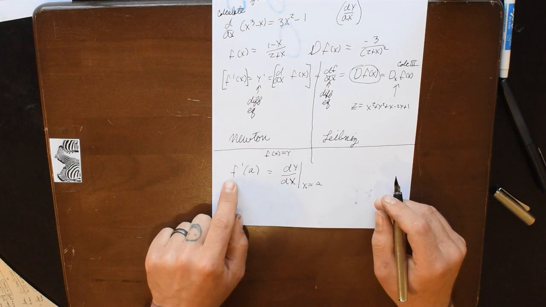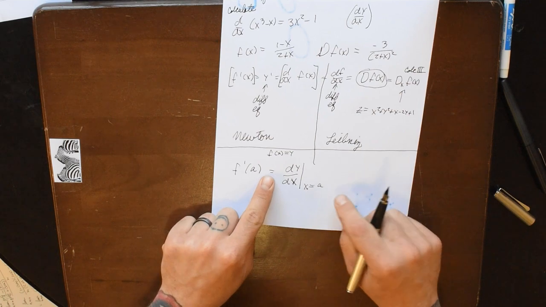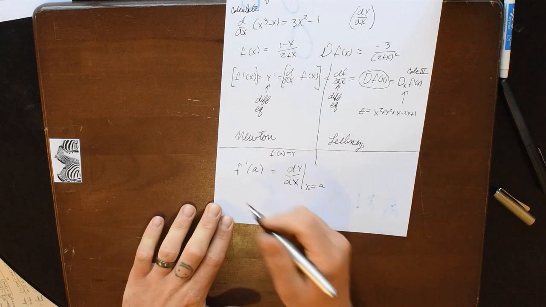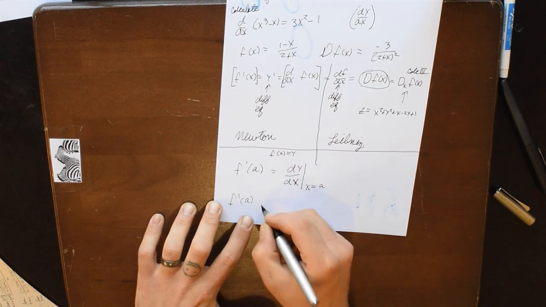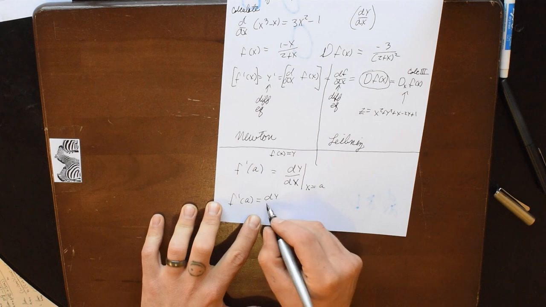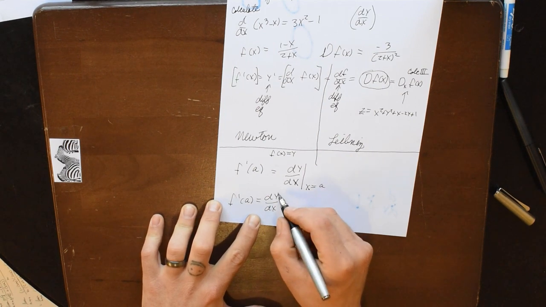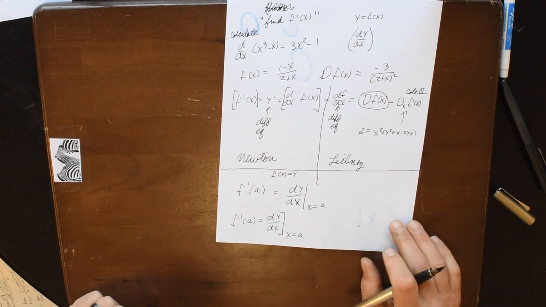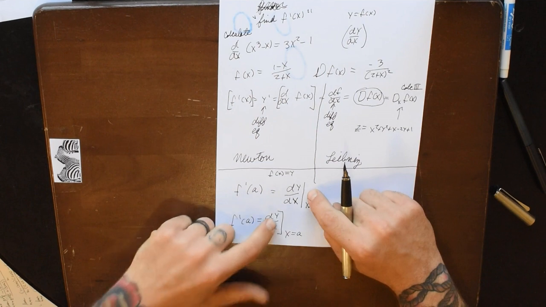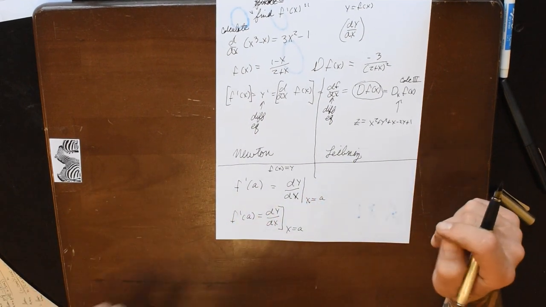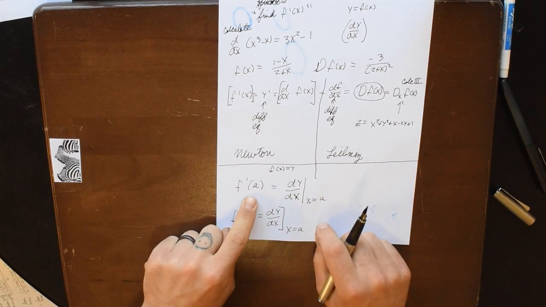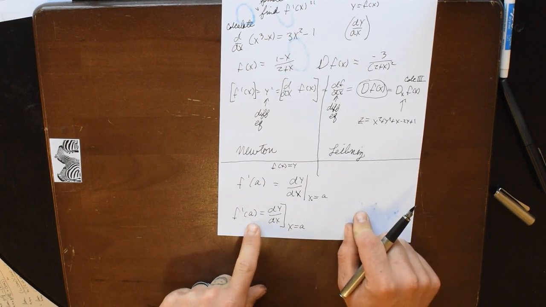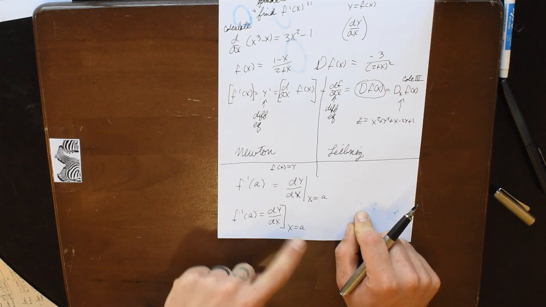So we have the derivative of f evaluated at a is equal to the derivative of this function evaluated at a. You might also see f prime of a being equal to the derivative of y with regards to x, and they'll put a bracket, x is equal to a. Math is old, symbols kind of change. These mean the same thing, but this is read the derivative evaluated at a is equal to the derivative evaluated at a.